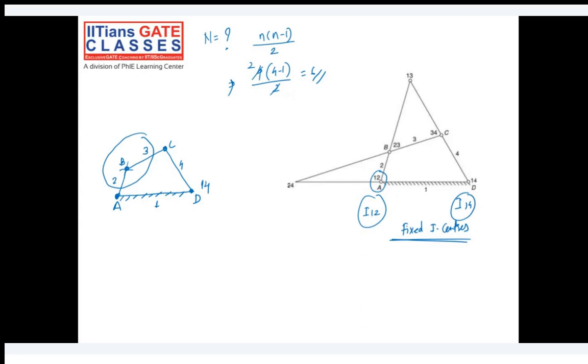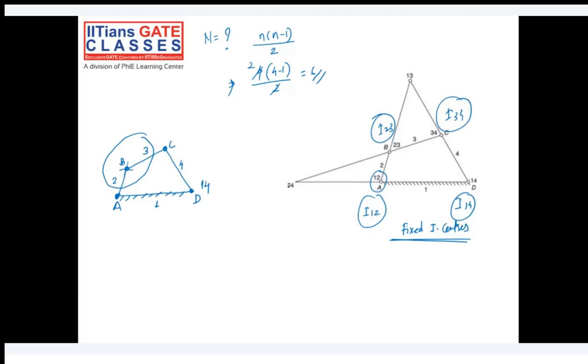Do you agree? So this will be I23, and similarly I34 will be the next instantaneous center. I23 and I34 positions will change slightly, okay, but their names will not change, right?